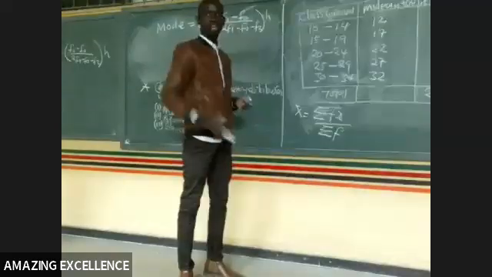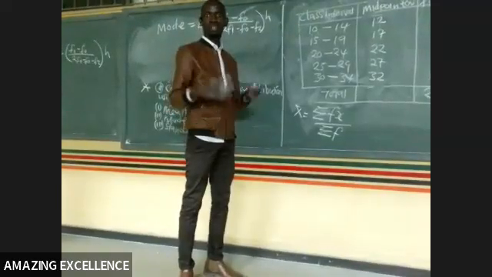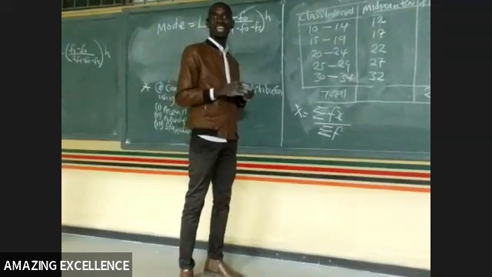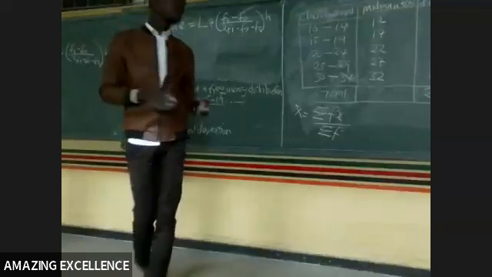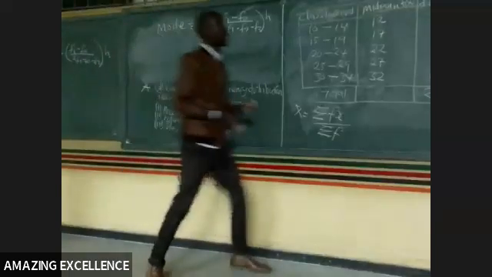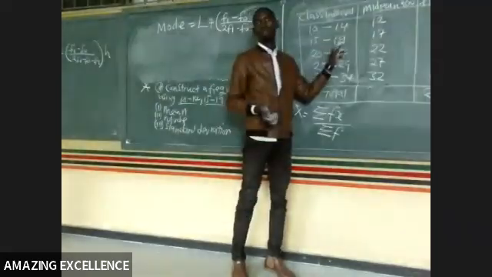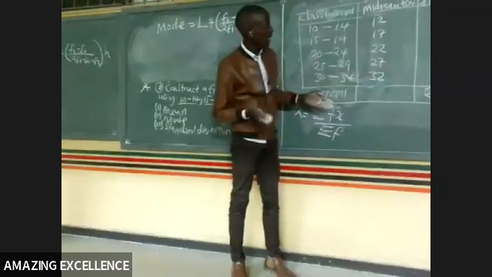For ungrouped data, it's easy to find them, right? But for the grouped one, you need to employ this. You can easily find the model class. Listen, the model class is that class where you have the most frequency, the highest frequency. So what is our highest frequency?